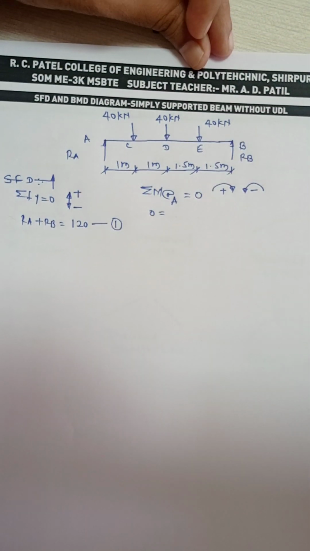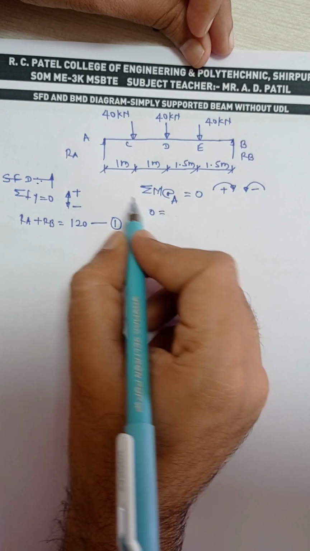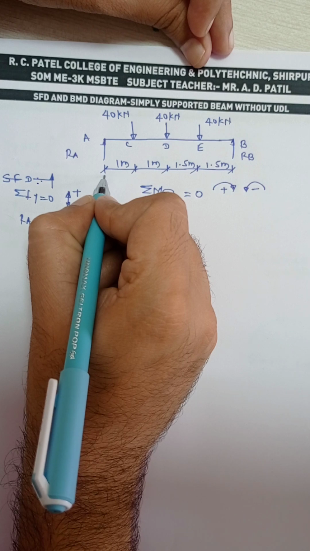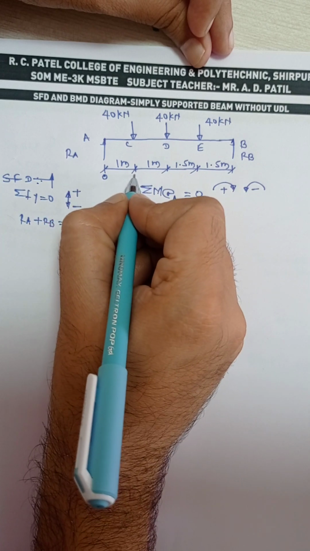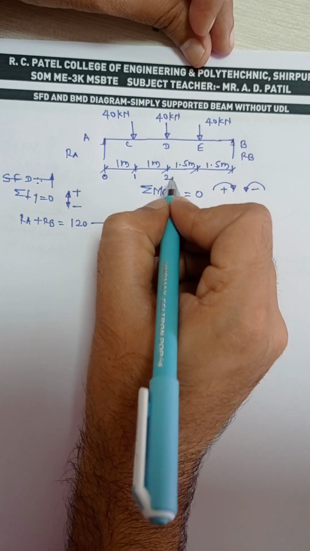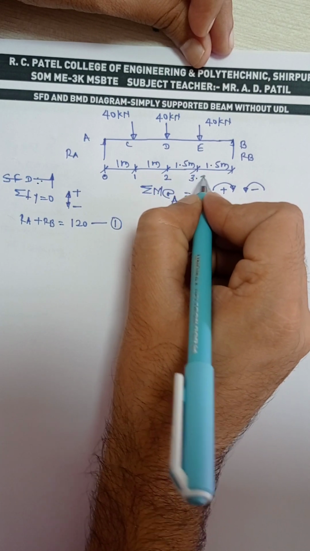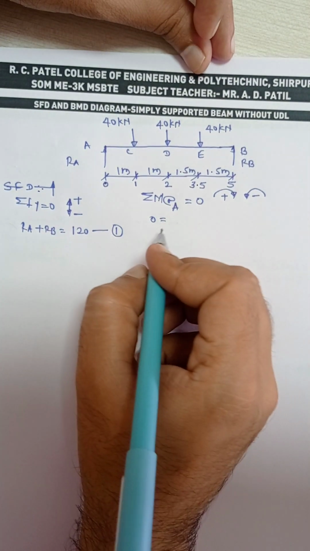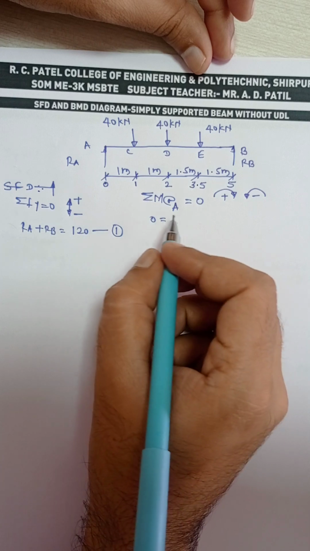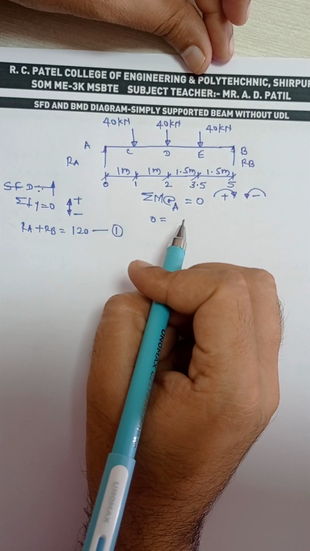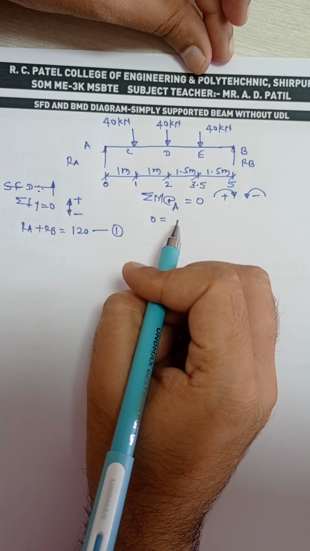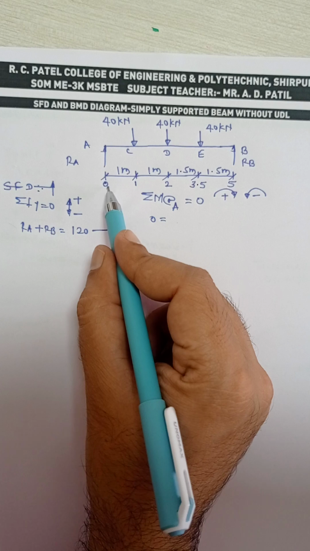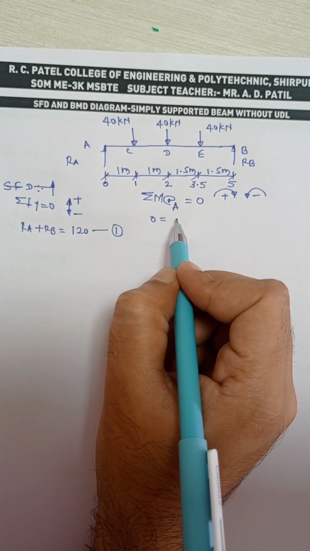Now mark all the distances from the reference point. RA is passing through the reference point, so force multiplied by distance: force is RA and its distance is 0, so it will be 0.